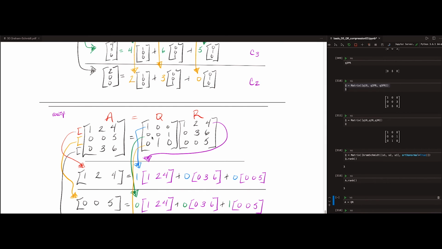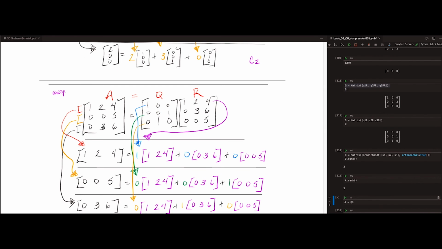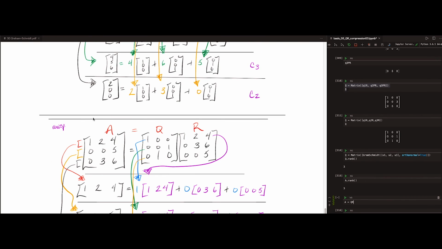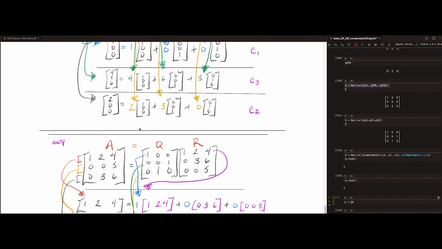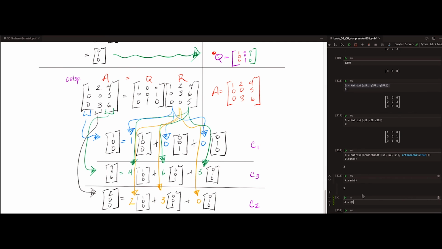And so when we do this second row, now we have 0, 0, 1, and we have one of these rows, 0 of these, plus 0 of these, plus one of these rows, and we see 0, 0, 1, and we have 0, 0, 1. And so this last row can be thought of as 0 of these rows plus 1 of these rows plus 0 of these rows. And so that just proves to you the relationship that the column space is equal to the row space. So we can say that the rank of both are equal, and we've seen that.